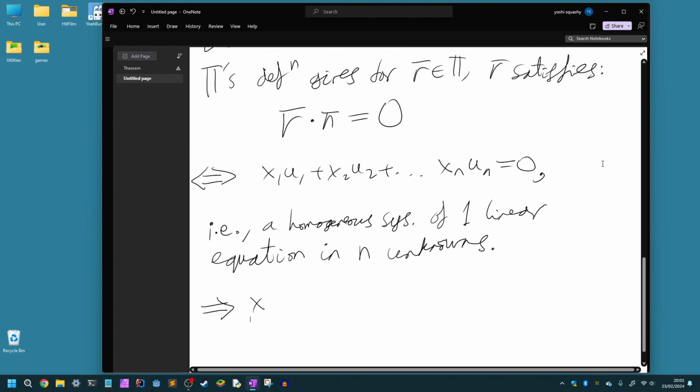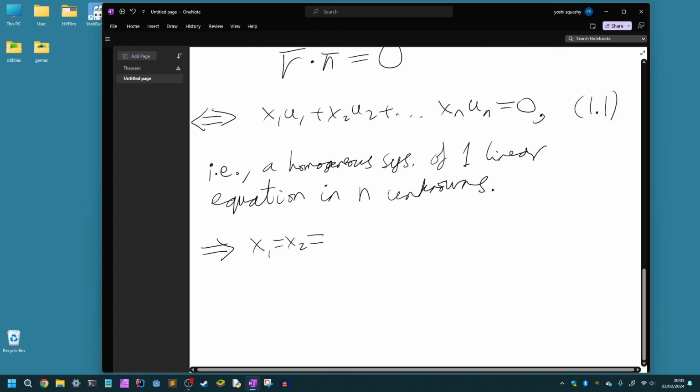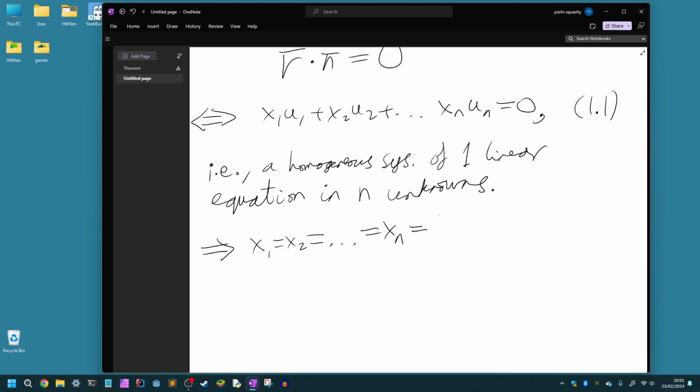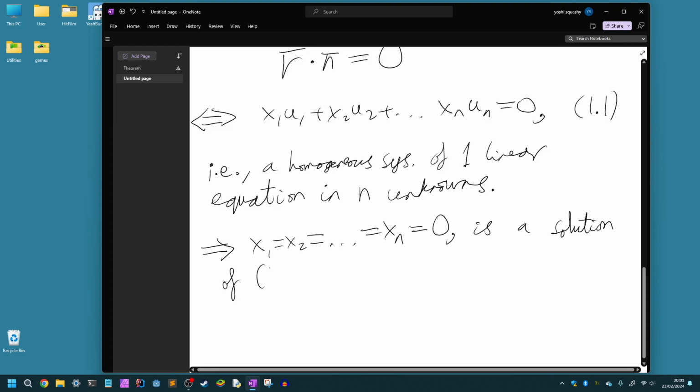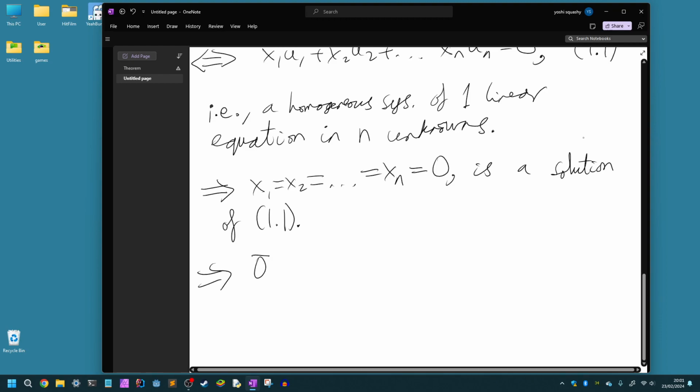Wait, we'll give this a number as well, so we'll call this 1.1. Implies x1 equals x2 equals etc. equals xn equals 0 is a solution of 1.1. Implies that the zero vector, does it?